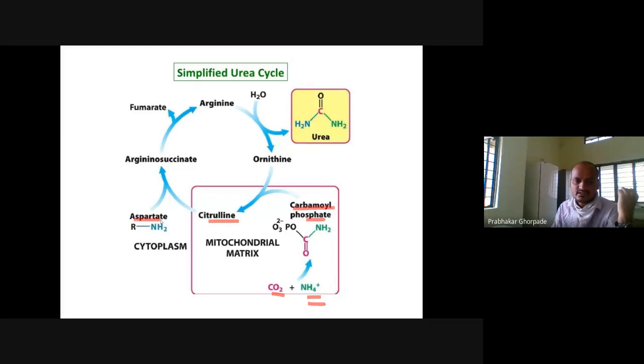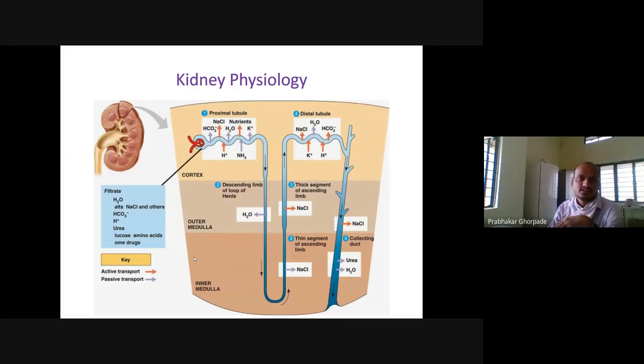The citrulline will react with aspartate. It will give argininosuccinate, fumarate, and arginine. Arginine can again be cleaved into the ornithine and the urea. And here nitrogen is being removed, this nitrogen is involved, this nitrogen is involved. So basically this is how we get rid of this nitrogen.